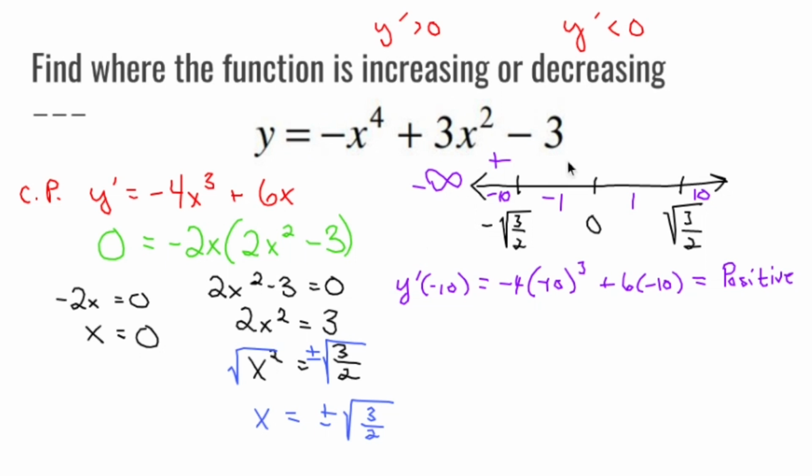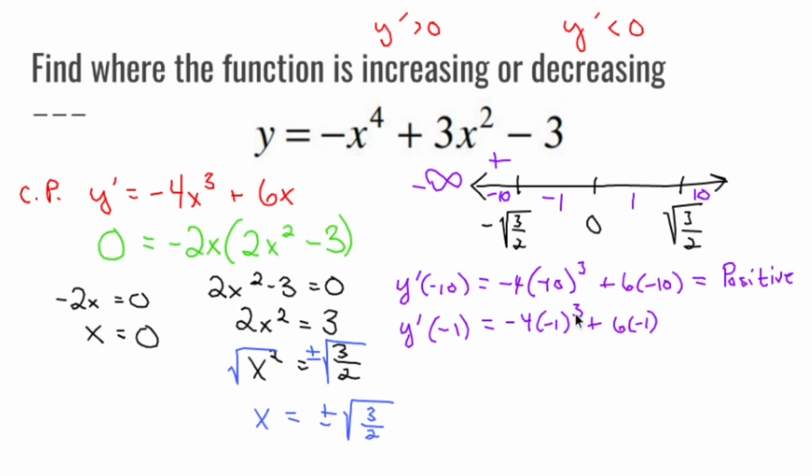Now, if you're like, well, that's easy, I'll just get negative, positive, negative. I don't know. Probably, but I don't know. So let's find out what y prime of negative 1 is. Okay, that's going to be negative 4 times negative 1 cubed plus 6 times negative 1.